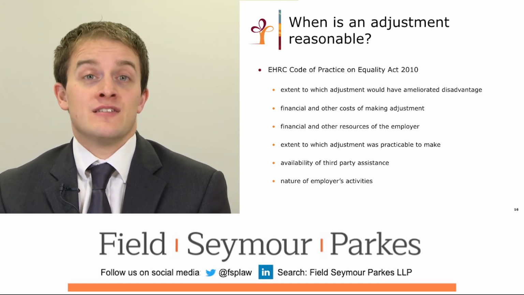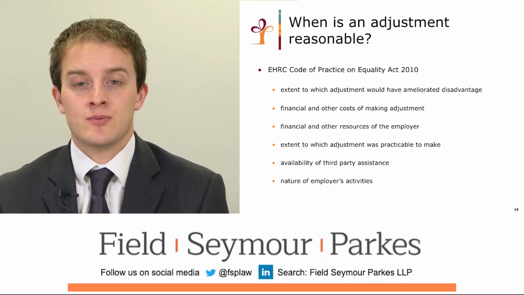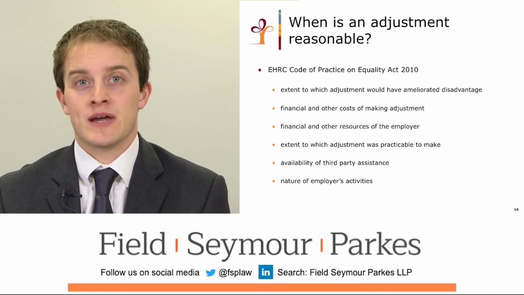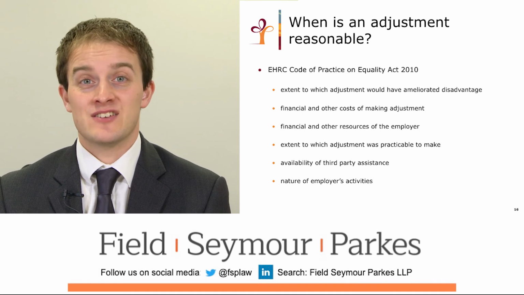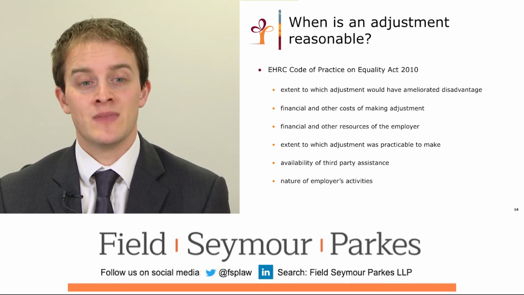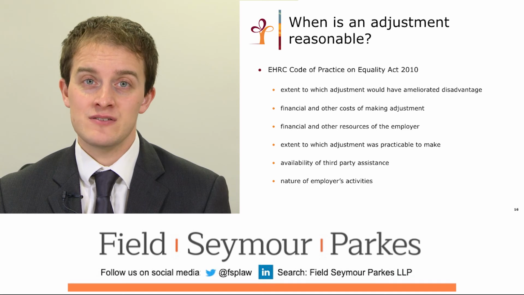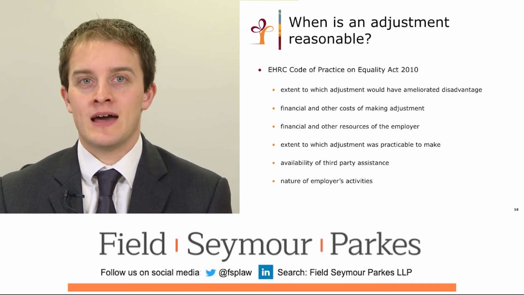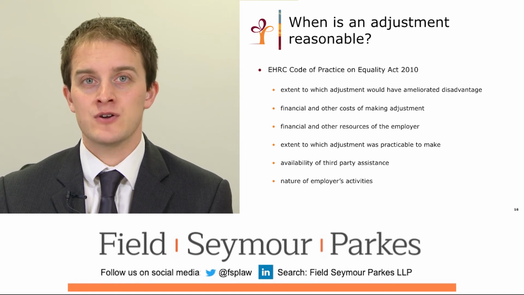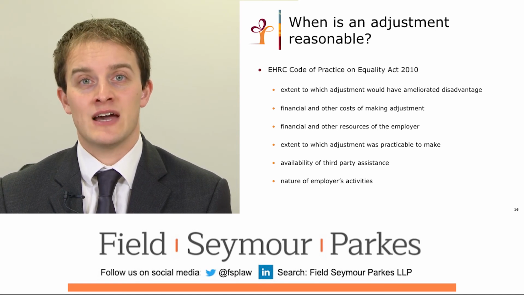The fourth point, the extent to which the adjustment was practicable to make. So someone might come up with a great adjustment. Is it actually feasible in practice? Availability of third-party assistance. So are there, for example, any grants, or is there charity assistance, for example, that you could call upon to help you put something in place?